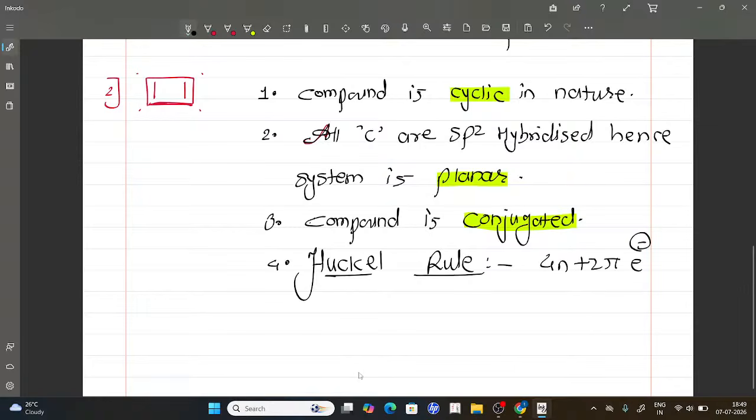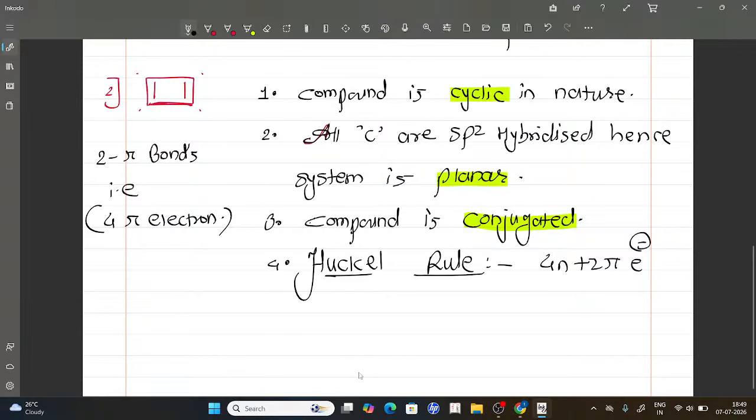This is called the Huckel rule. Now, how many electrons does our system carry? We know that one pi bond is equal to 2 electrons. So here 2 pi bonds are present in our compound. So your system has 4 pi electrons, right?